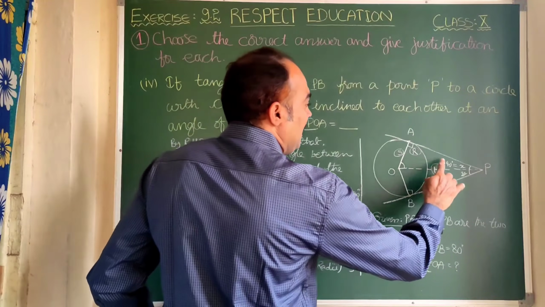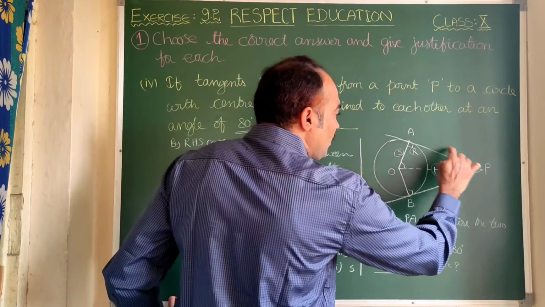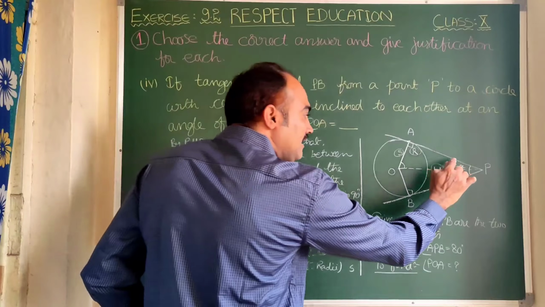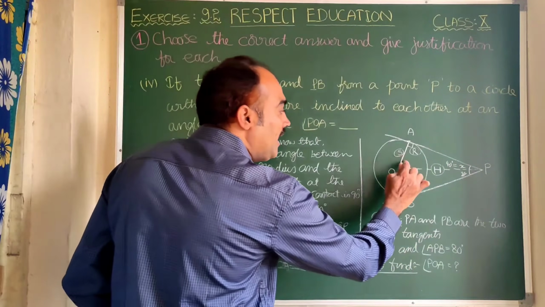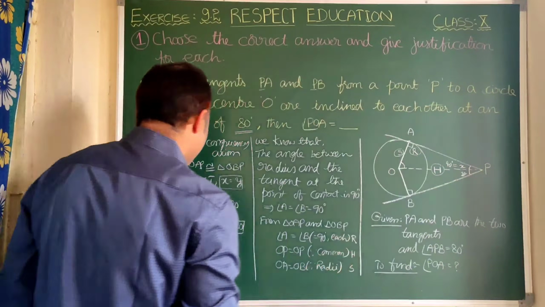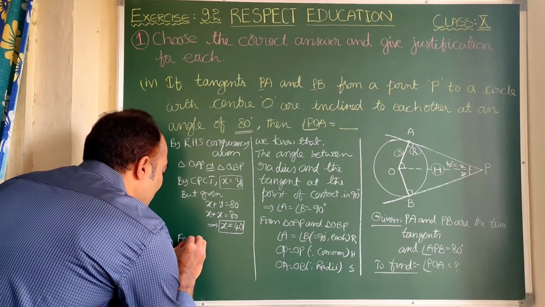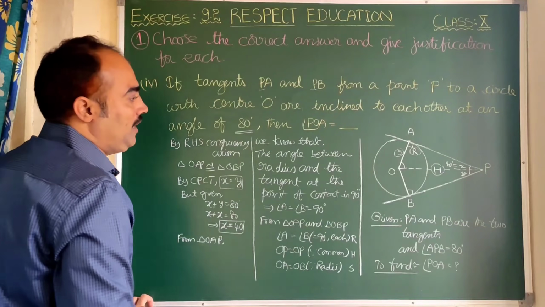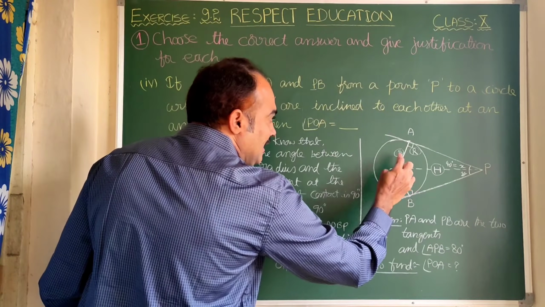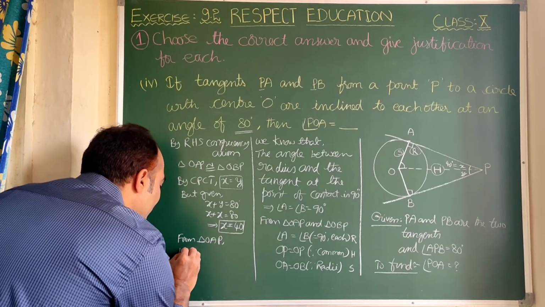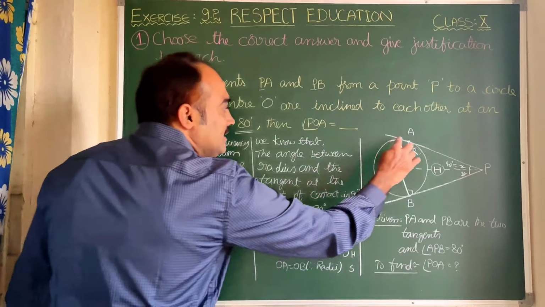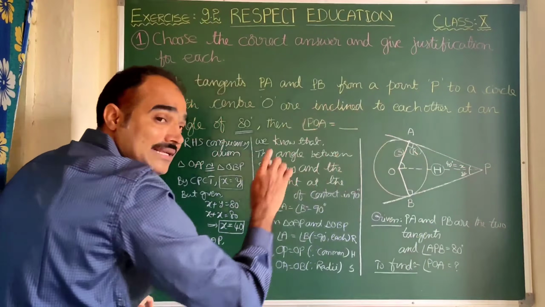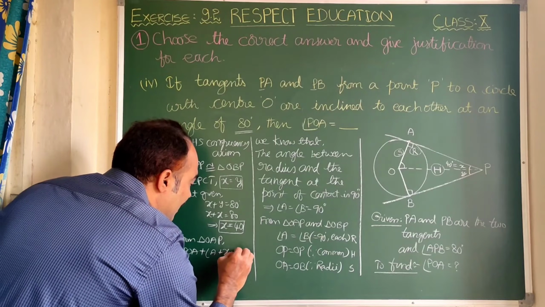Now let us consider this upper triangle, that is OAP, in which one of the angles is 90 degrees and other angle is 40 degrees. Now we are going to find this third angle, that is angle POA. So let us write here, from triangle OAP by angle sum property, angle POA plus angle A plus angle P, that is X, is equal to 180 degrees.